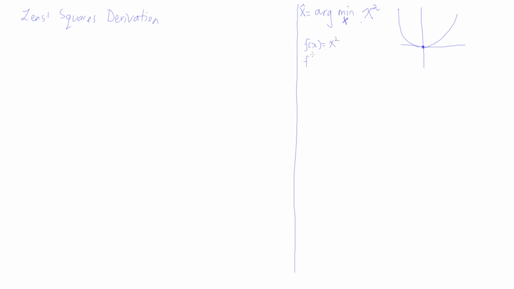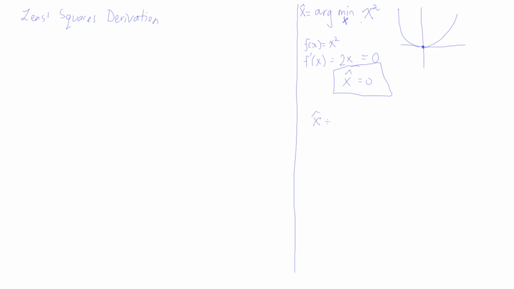We take the derivative, and then we make the derivative equal to 0 and we solve. In this case, 2x equals 0, so x hat is equal to 0. So this is the special x that minimizes this function x squared.